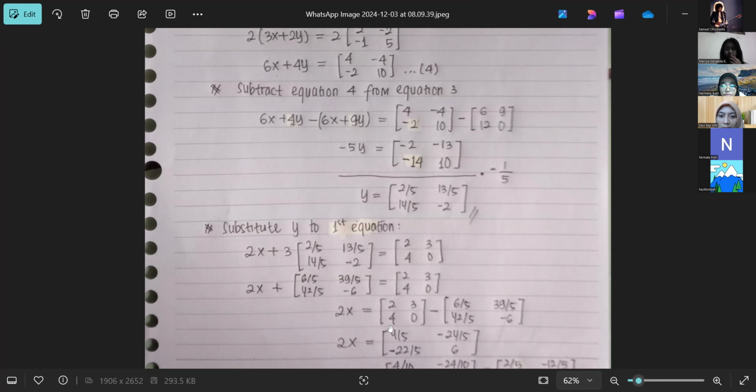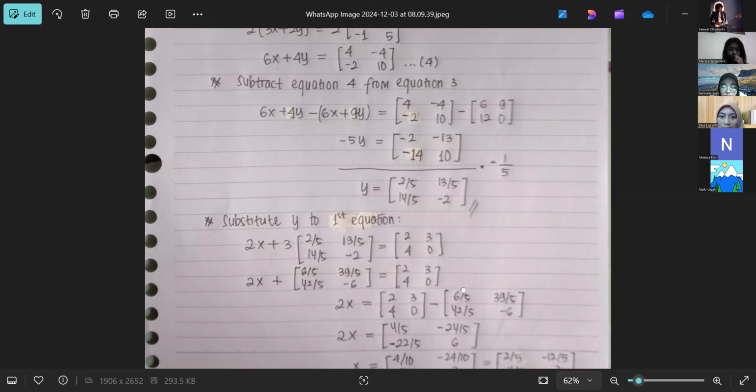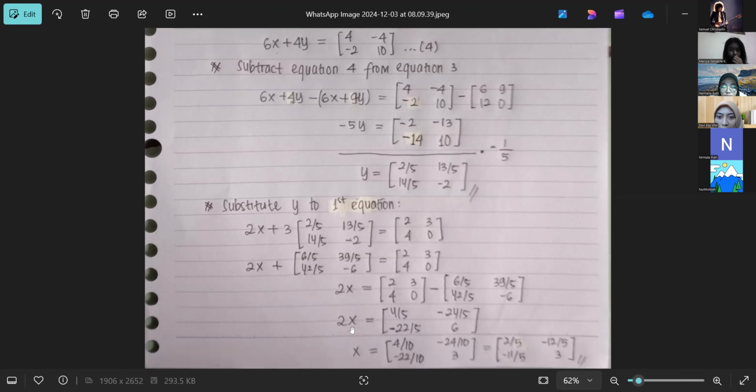And then 2x is equal to matrix 4 over 5, negative 24 over 5, negative 22 over 5, and then 6. And then for all segments, we multiplied by 1 over 2, and we got the value of x is 4 over 10, negative 24 over 10, negative 22 over 10, and then 3.